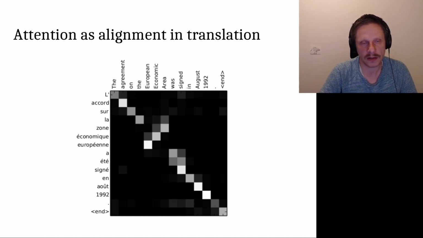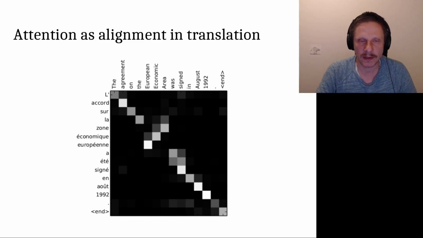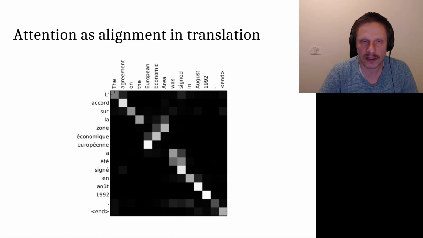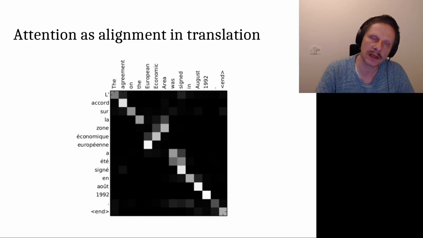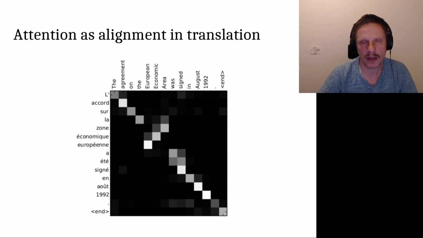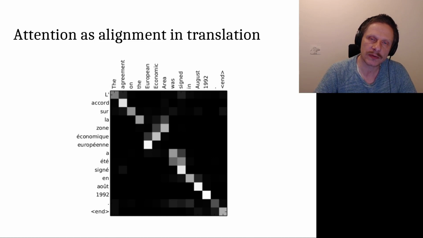L'accord sur la zone économique européenne a été signé en août, and I don't know how to read that number in French, but you can see that there is a heat map associated with these two sentences, and the heat map indicates how much attention, or the weight of the attention vector, is associated with each position in the output sequence.